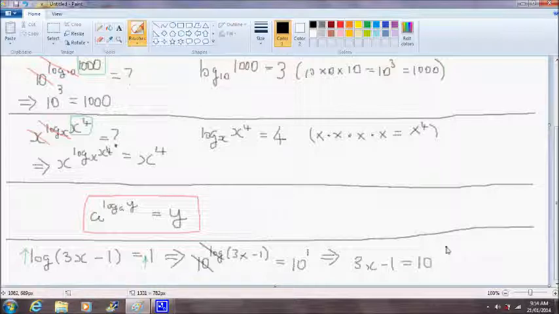And now I just have a normal linear equation to solve. So if I was to add 1 to both sides, I would get 3x is equal to 11. And now if I was to divide both sides by 3, I would get x is equal to 11 on 3.